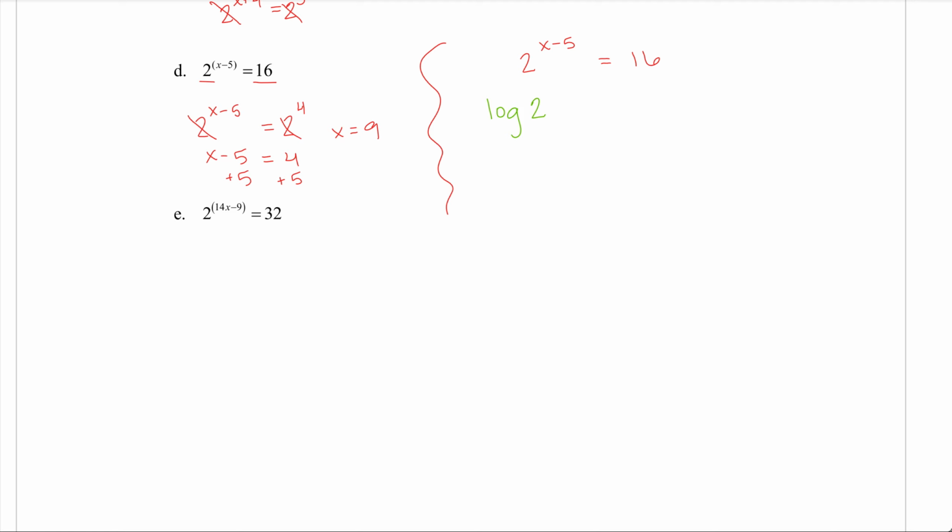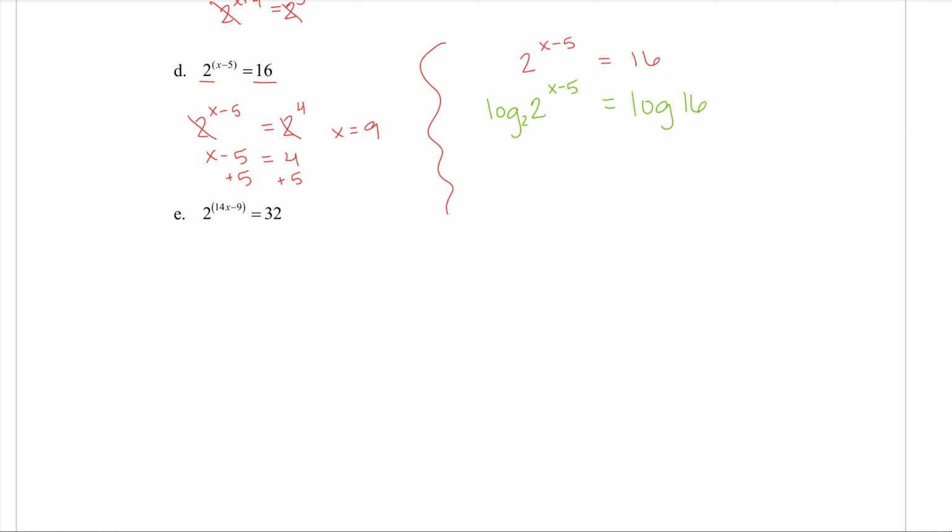So this becomes log 2 to the x minus 5 equals log, we'll just keep that at 16. Okay, so I get log 2 to the x minus 5 equals log 16. Now what happens is this means that I can take, let's see, do I want to show you this way? Oh, no, I'm sorry, I take that back.